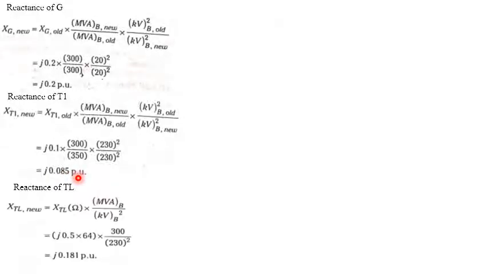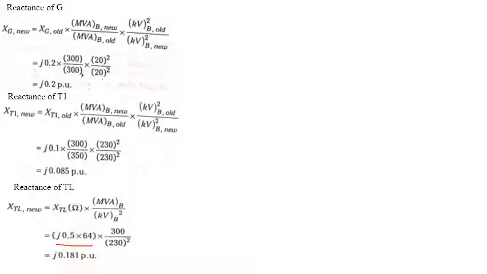For the transmission line, we know the formula: X_TL new is equal to X into MVA base by kV base square. But here this is something different. I told you, the reactance for each kilometer is 0.5, and we have a total length of 64, so we need to multiply 0.5 into 64.